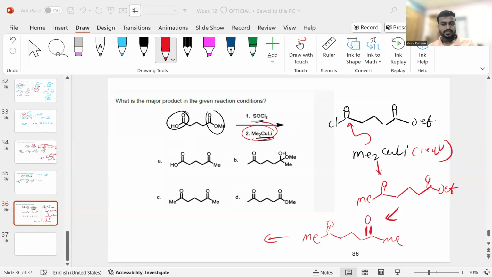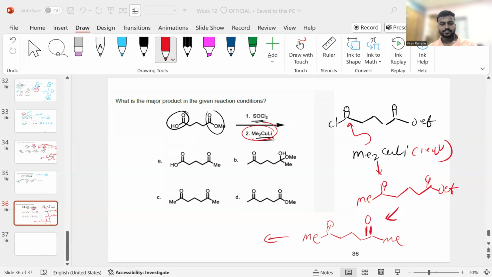Question 12 is again an example of the Grignard reagent, and here the question is about selectivity. What will happen? I think that question we have also covered, because in question number 12 we have an aldehyde as well as a ketone group.